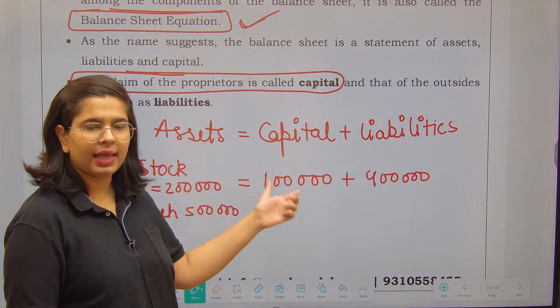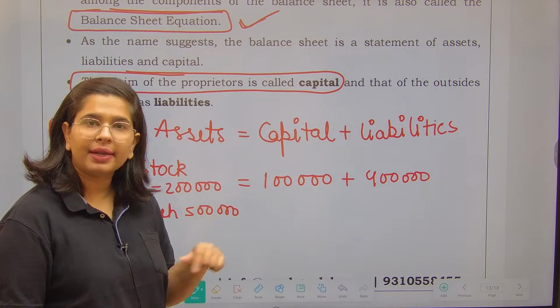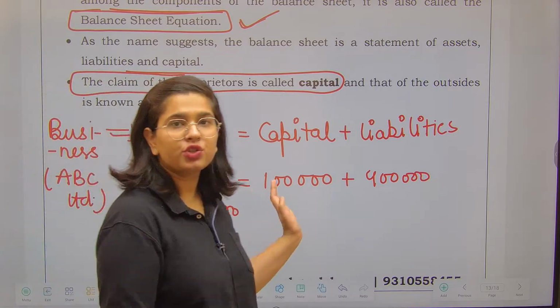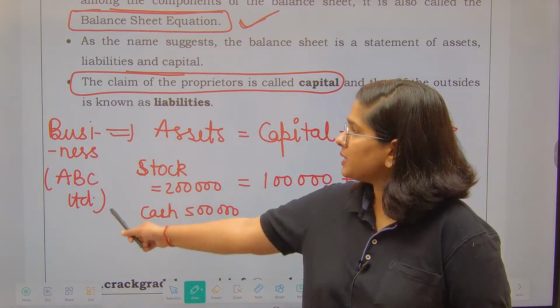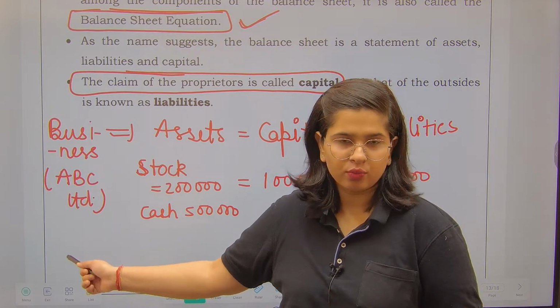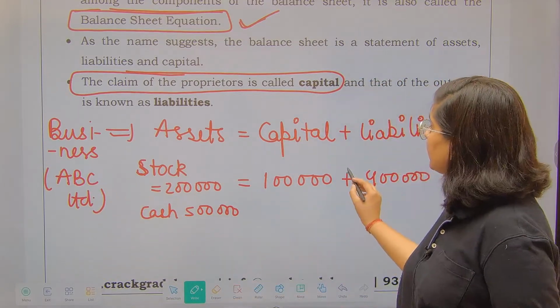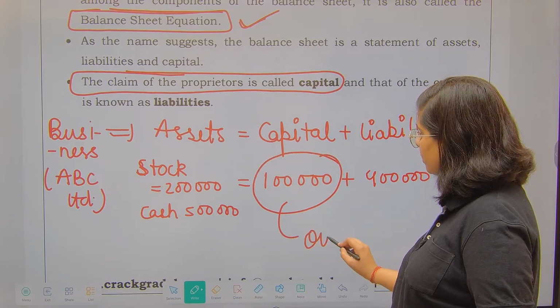And this capital which I am mentioning over here is also a liability on the head of the business. ABC Limited has to give back this 1 lakh rupees to me whenever ABC Limited gets shut down. Whenever ABC Limited gets closed down, this amount of 1 lakh rupees has to be returned to the owner.